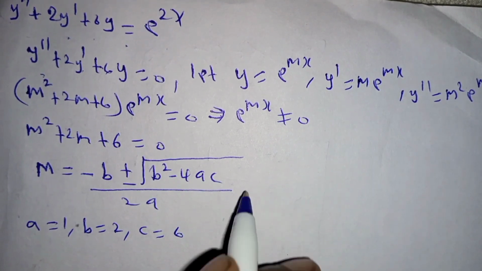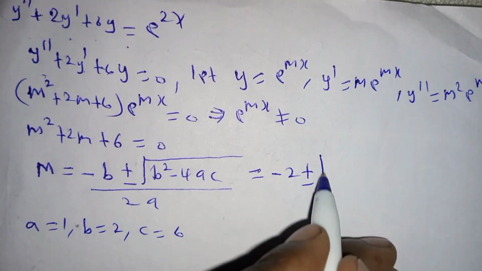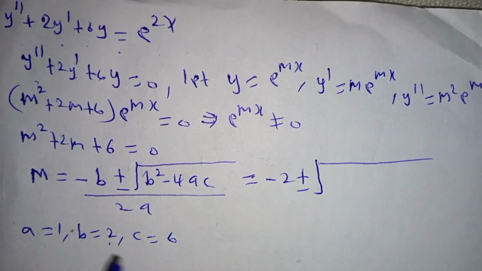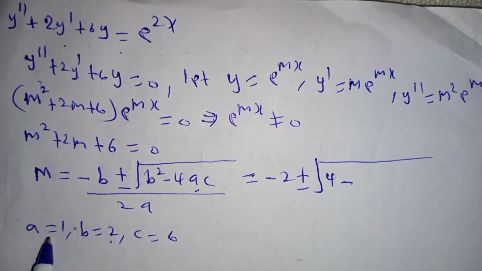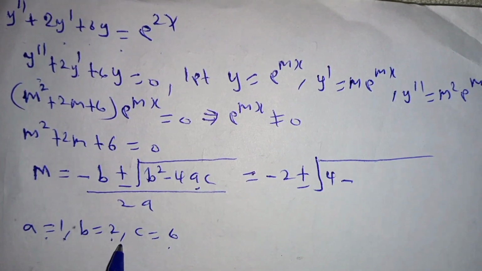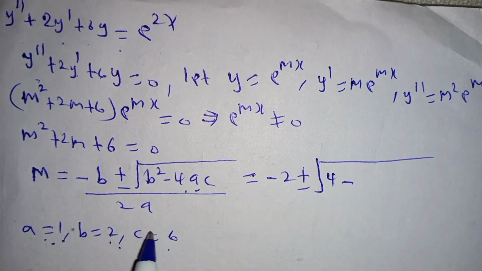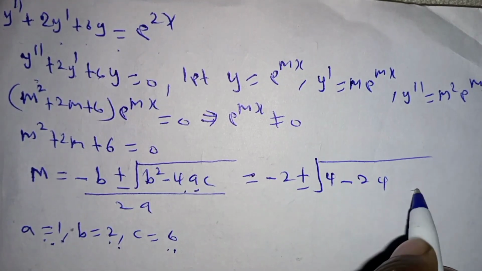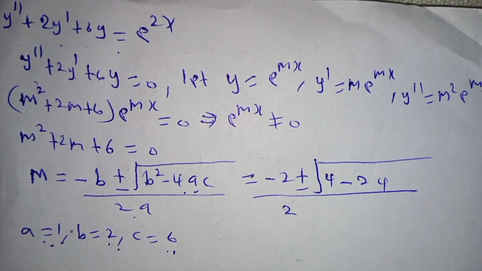So we substitute the values here: minus 2 plus or minus square root of 2 squared, which gives 4, minus 4 times a, which is 1, times c, which is 6, that is 24. So this is minus 24, divided by 2 times 1, which is 2.